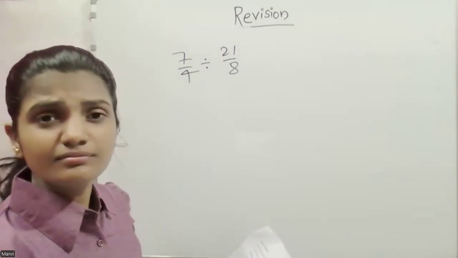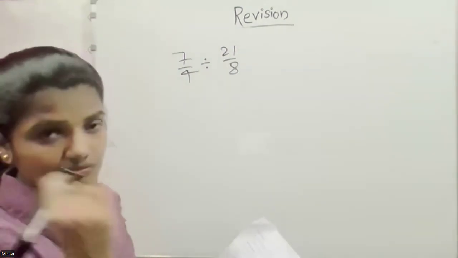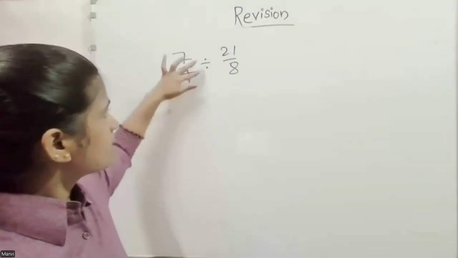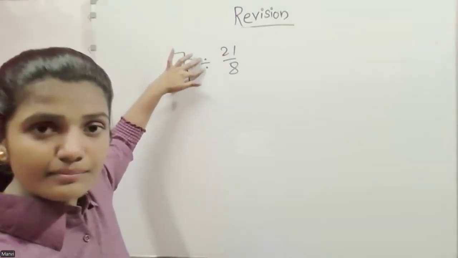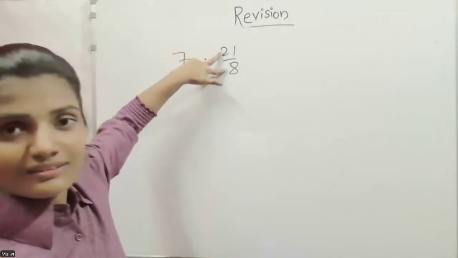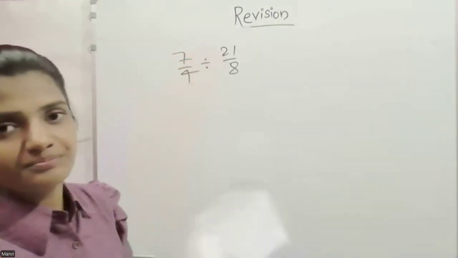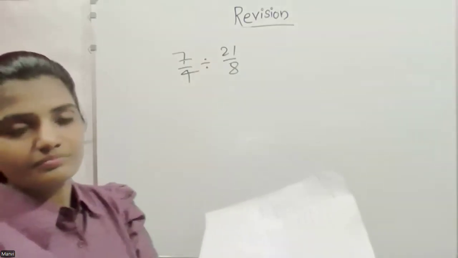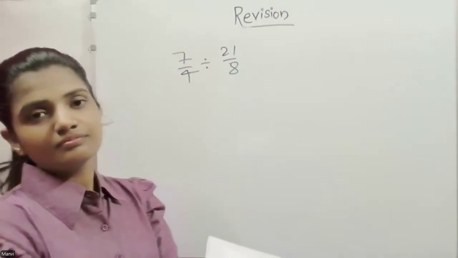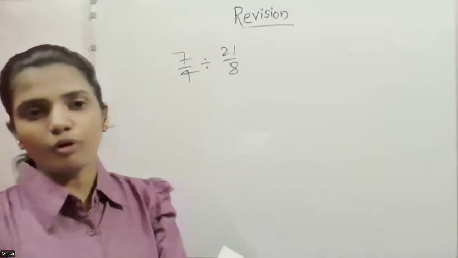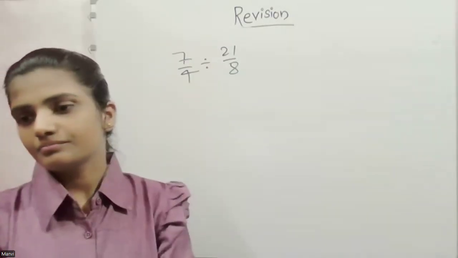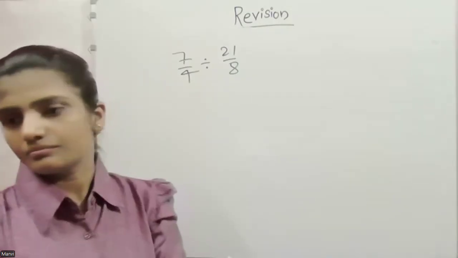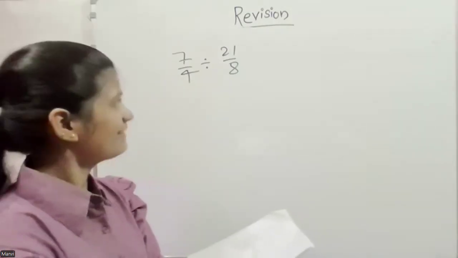First, change this to the multiplication symbol. Then I remember that other way around. Yeah, 7 by 4 times 8 by 21. Bottom never goes with bottom. Is it 2 by 3? Yeah.